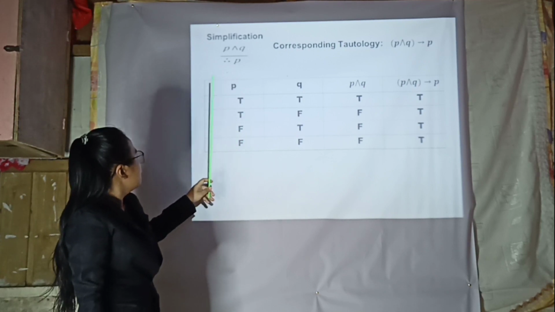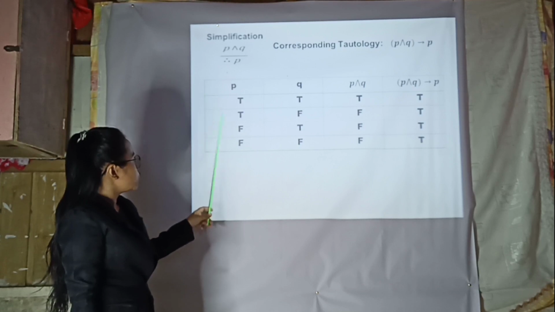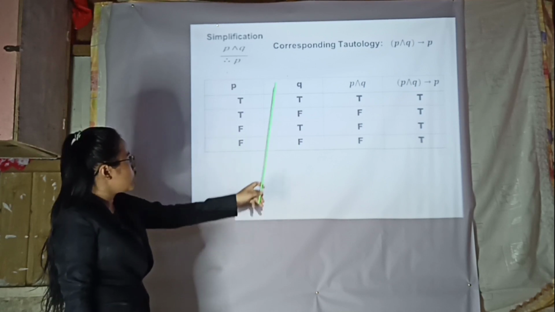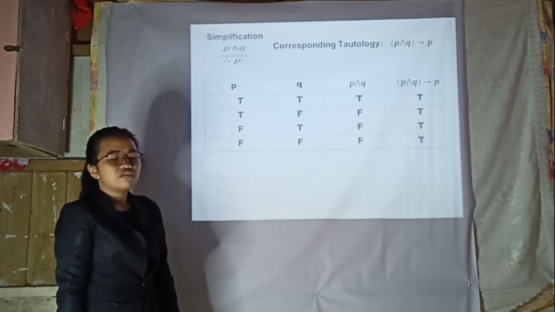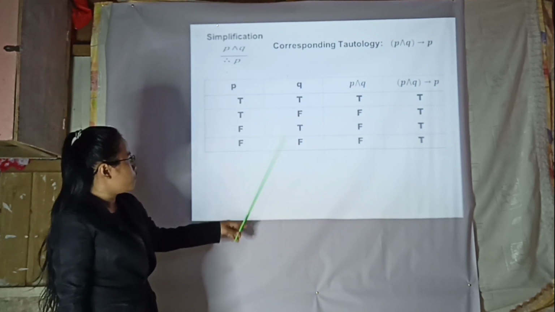In the row of P there are 2 true and 2 false. In Q, 2 divided by 2 equals 1, so true, false, true, false.